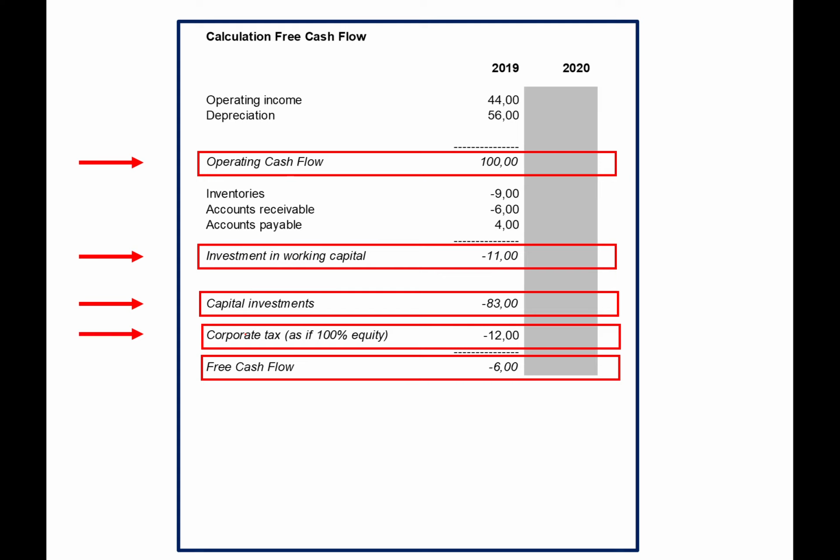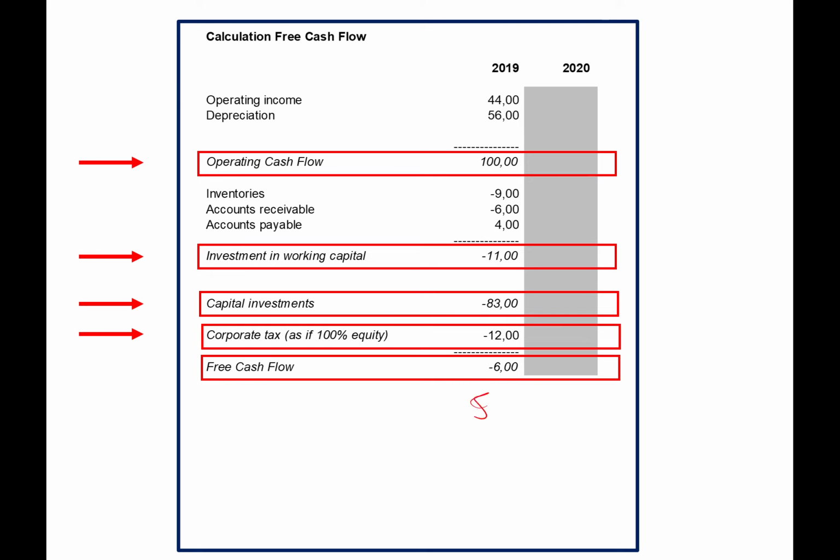And the tax paid as if there's no debt: you multiply the marginal tax rate with the earnings before you deduct the interest expense. If the marginal rate is around 27%, then you get an amount of 12. And then if you add all items, we have a free cash flow which is negative. It's 6. So not an inflow, but an outflow.